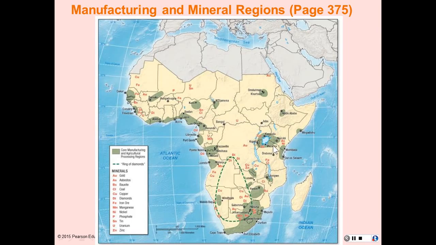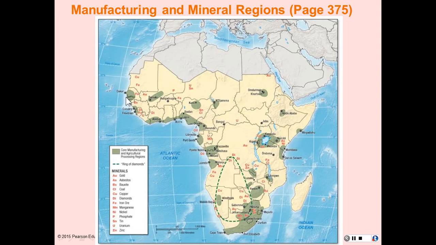We see a mineral-rich area here also around the rift zone of East Africa. We see industrial regions building around that rift zone. Some of these resource areas around the oil-producing coast of Nigeria and the port cities as well have core manufacturing and agricultural processing centers from the interior.